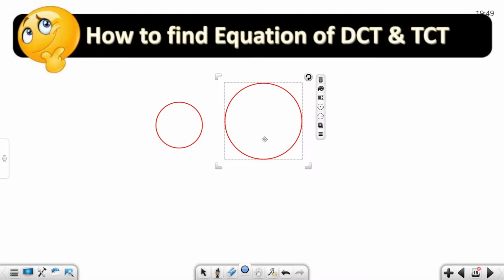Now let us take 2 circles. One is here and another one is, let us say, this one. Now first we will find out the equation of direct common tangents. So let me draw two direct common tangents here.